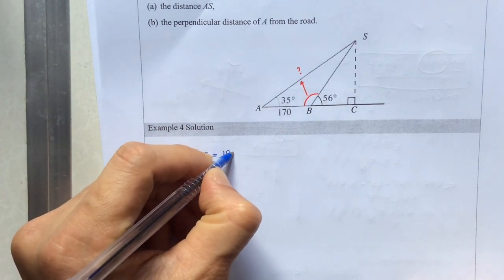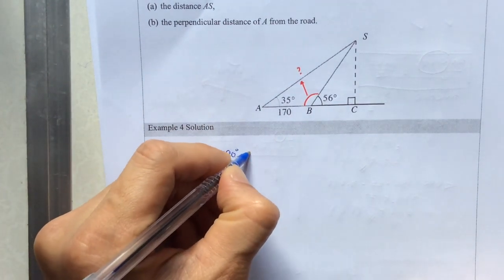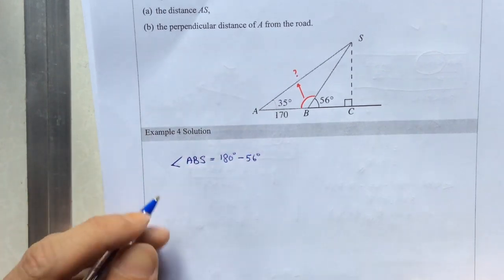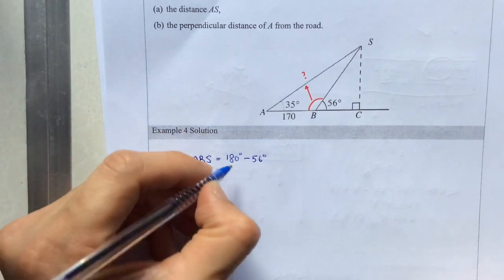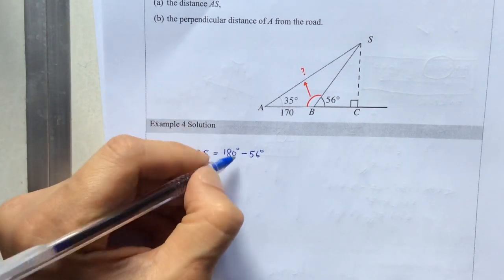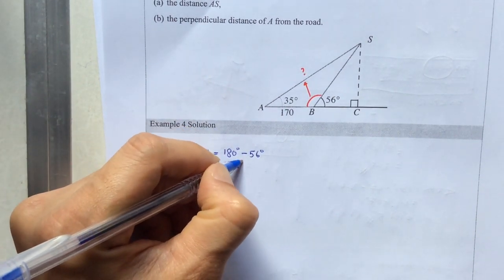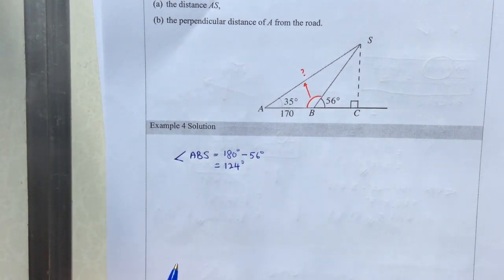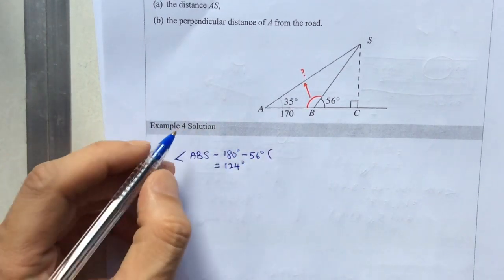So that will be 180 degrees minus 56 degrees. This will give me a value of 124 degrees. Okay, so this is an angle on a straight line.